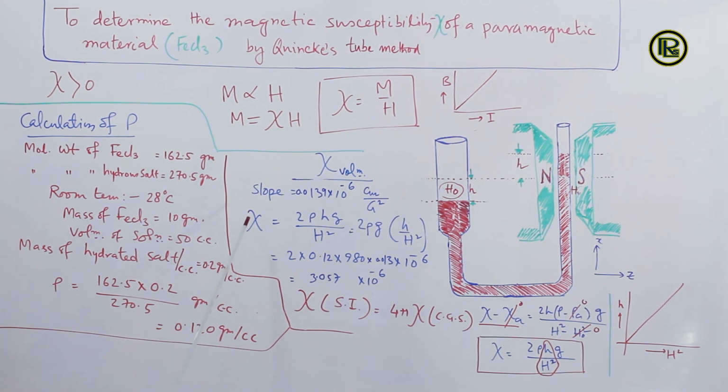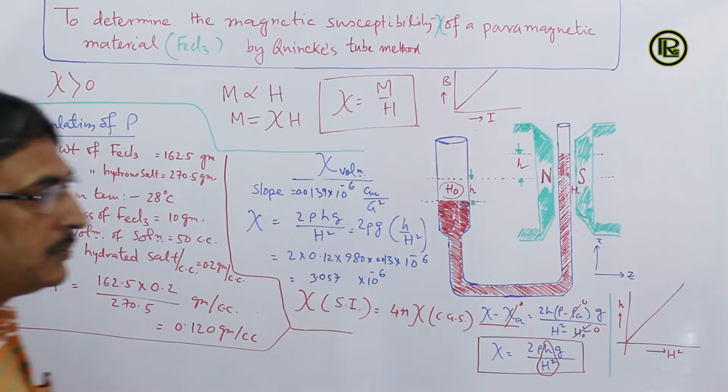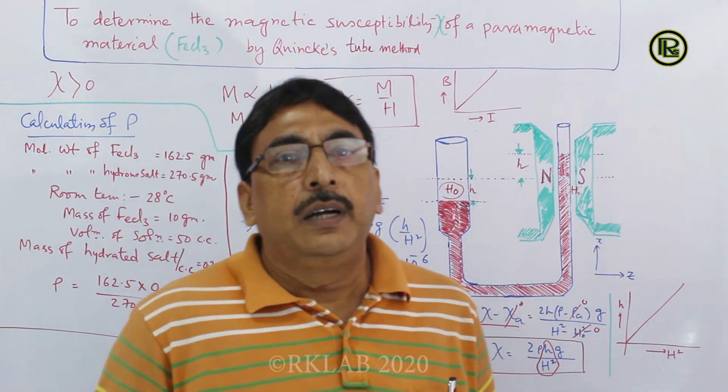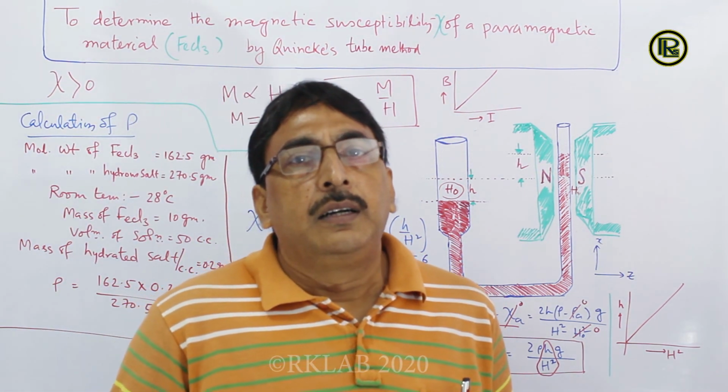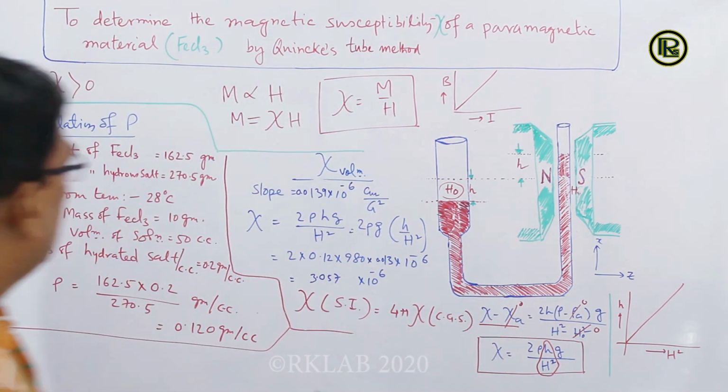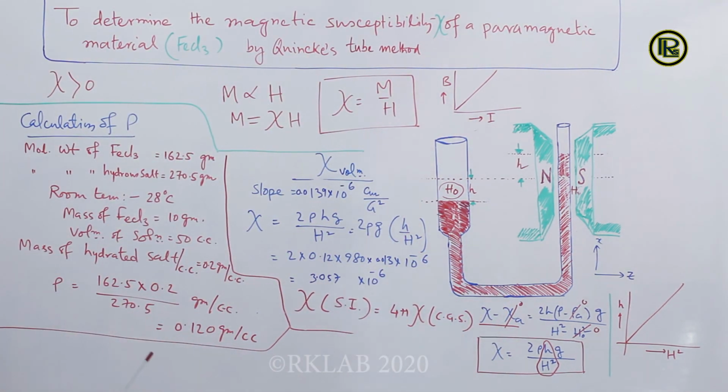Therefore, the volume susceptibility is equal to 3.057 into 10 to the minus 6, and this susceptibility is a dimensionless quantity. Therefore, there is a relation. So this calculation was in CGS. So if I want to make it for SI unit, then chi in SI unit will be 4 pi times chi in CGS.